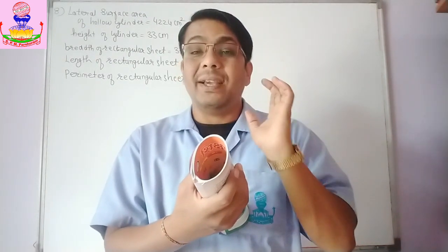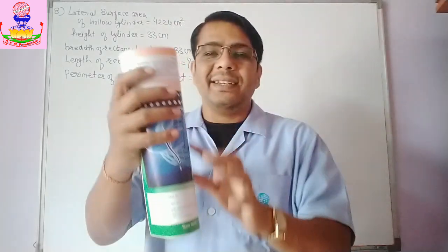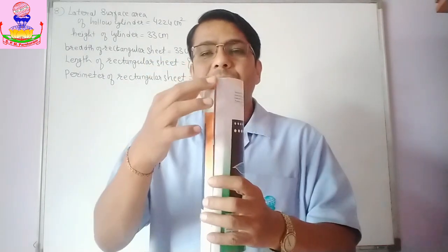Now, do I know the circumference of this? Yes. What is it? 2 pi r. Am I right? Now, this is the height of the cylinder. If I cut it along this height, see what happens.